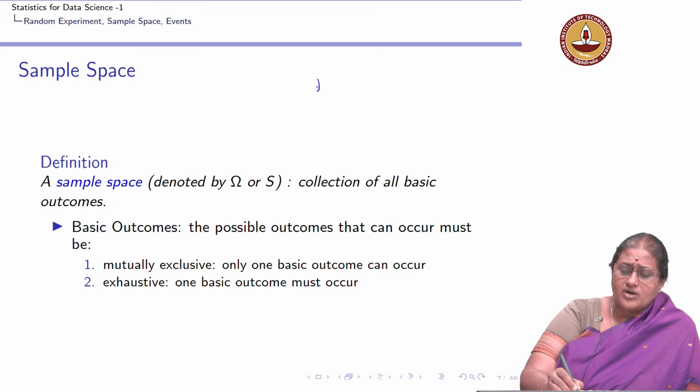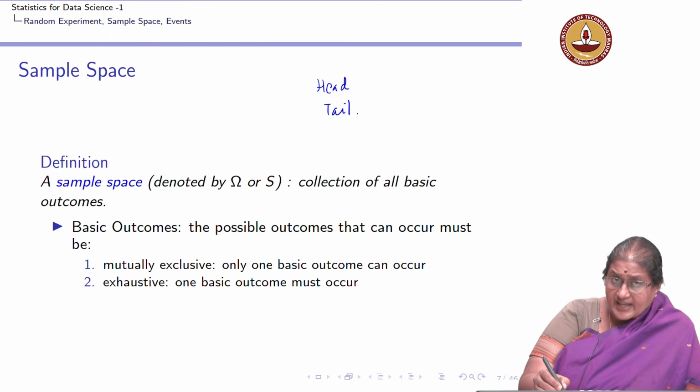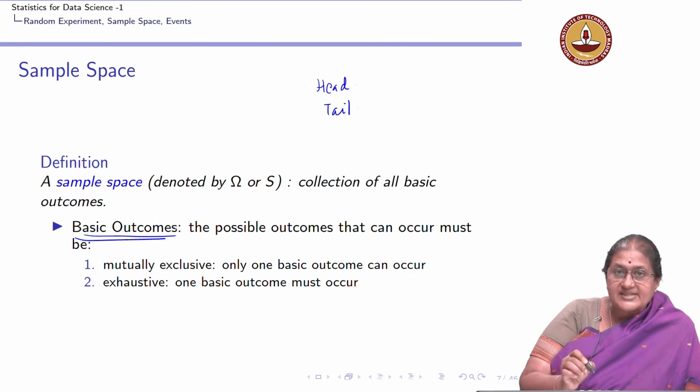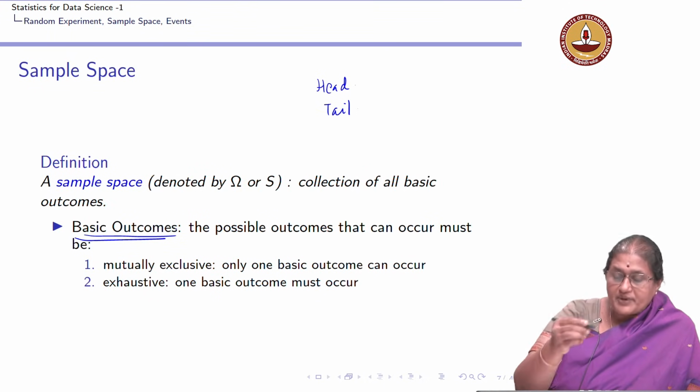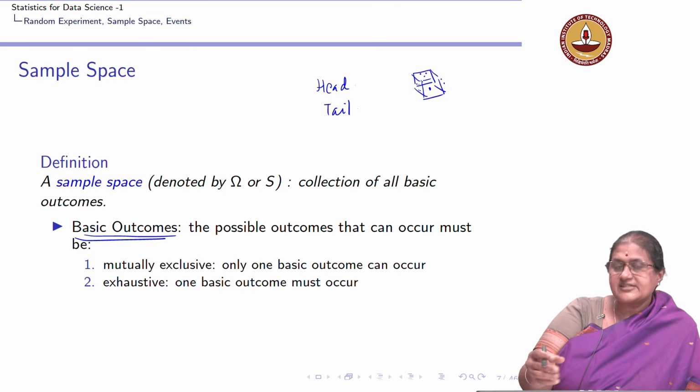So, when I am tossing a coin, the outcomes are head or tail. These are the 2 possible outcomes. If a head occurs, a tail cannot occur. If a tail occurs, a head does not occur. So, this is what we refer to as a basic outcome. For example, if I roll a die, you all know what a die is. It has 1 dot here, 3 dots here, 4 dots here, 2 dots here, and this is a die.